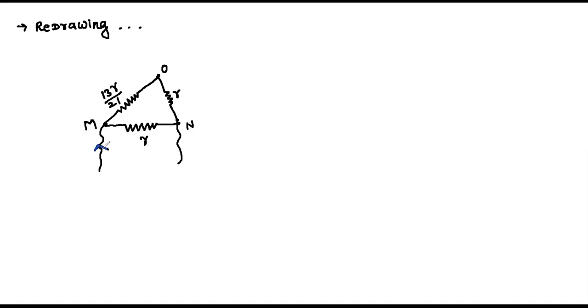So now here you see the current is flowing like this and like this. So this current is going here and this is in this.